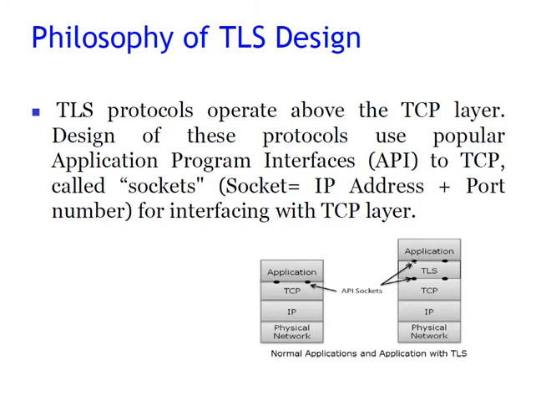A socket is equal to IP address plus port number. That is known as a socket, and it is used for interfacing the application layer to the TCP layer. So you should remember that TLS is basically a socket-related protocol that acts as an interface between the application and the TCP layer.